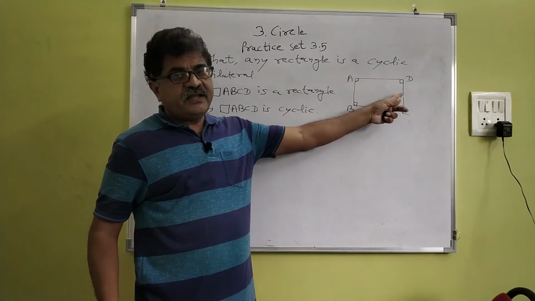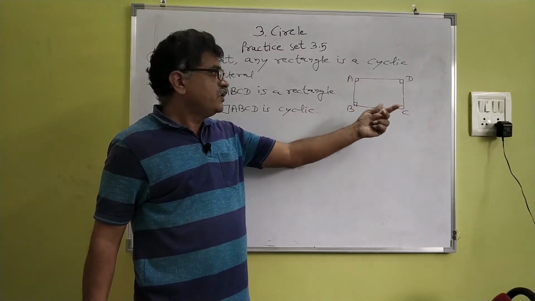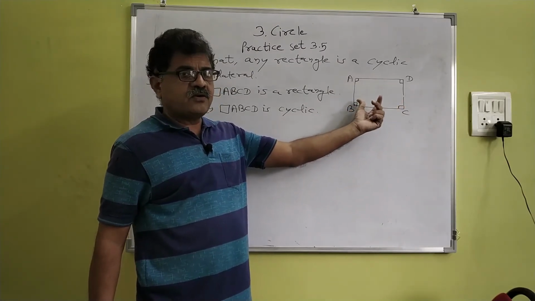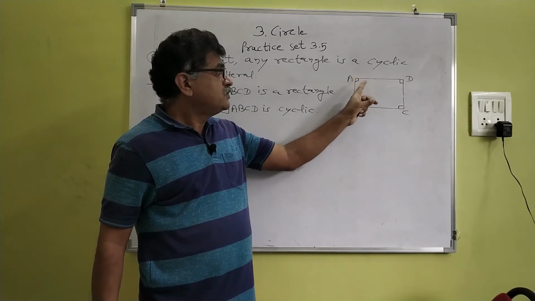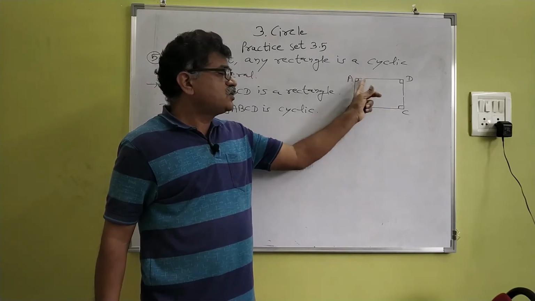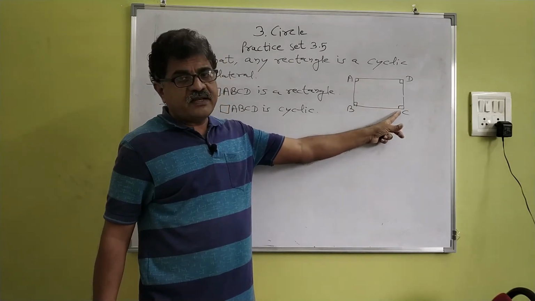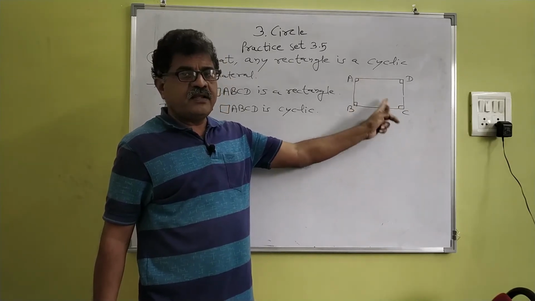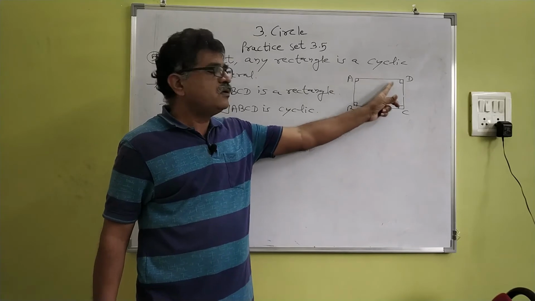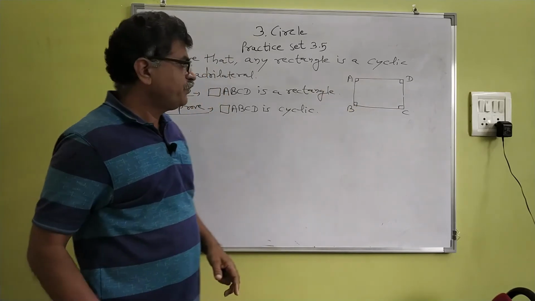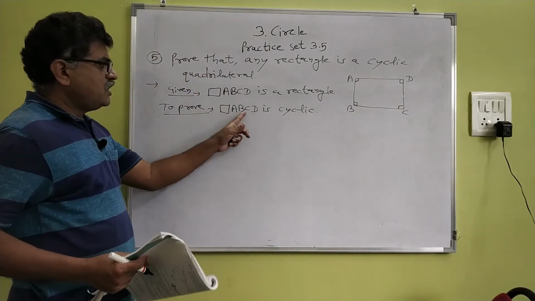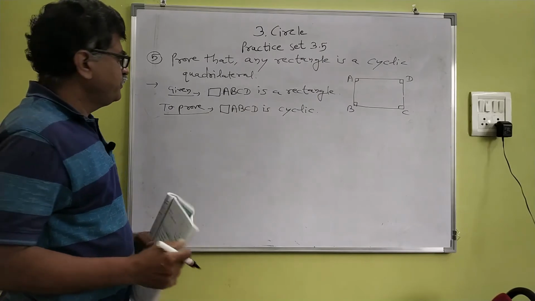Quadrilateral ABCD is cyclic means, we know by the definition of a cyclic quadrilateral, if the sum of the two opposite angles is 180 degrees, that is, they are supplementary, then that quadrilateral is called a cyclic quadrilateral. Now we must show quadrilateral ABCD is cyclic.